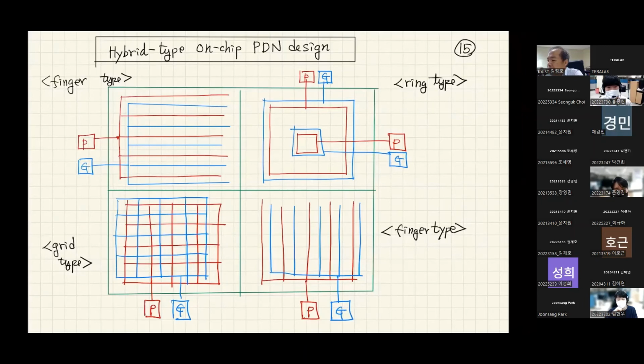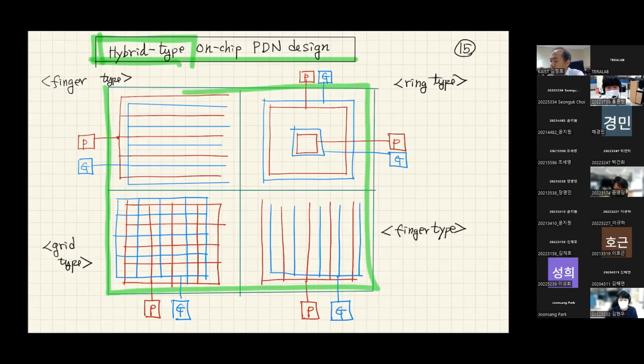Now, I would like to conclude my class today by showing a different type of decoupling capacitors. One of them is the hybrid type. Let's assume that we have a whole silicon chip, and we have some grid type decoupling capacitor in this area, and we may have some ring type decoupling capacitor in this area.